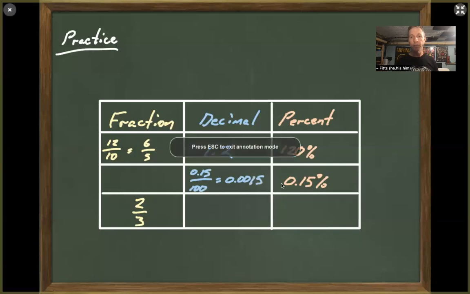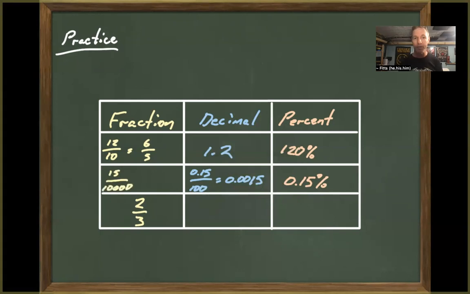This one is 0.15%. So that's 0.15 over 100. So what we're going to do is move this decimal place 2 places this way, and this is 0.0015. Well, that's our tenths, hundredths, thousandths, 10,000ths. So that's 15 10,000ths, or 3 over 2,000.